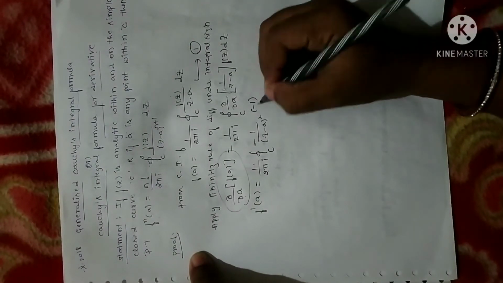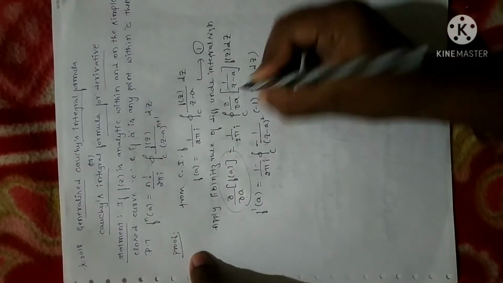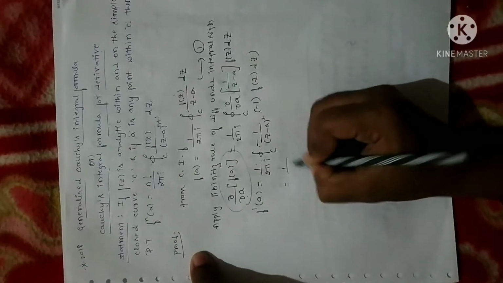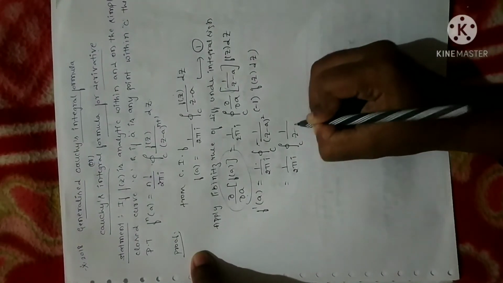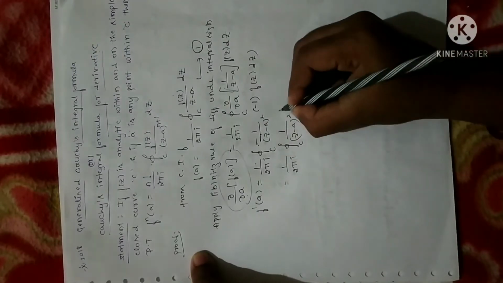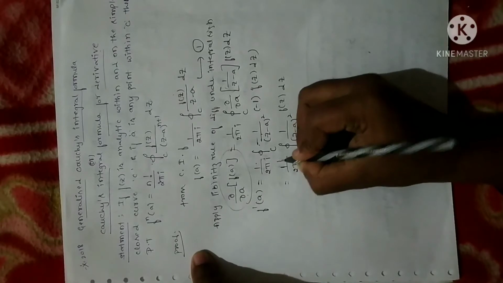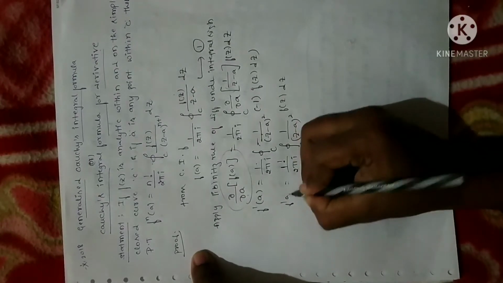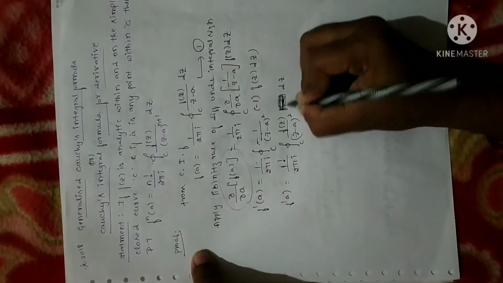So likewise I have differentiated this, and f of z into dz as it is. Now minus into minus will become plus, so what you get is 1 by 2 pi i integral over closed curve C, with plus. Clear? So instead of 1 I can write here 1 factorial, so I can write this as 1 factorial into f of z dz, one and the same.